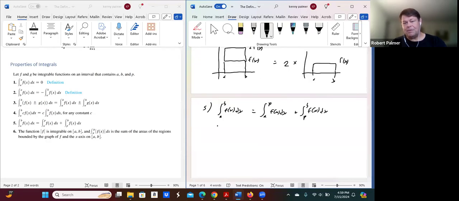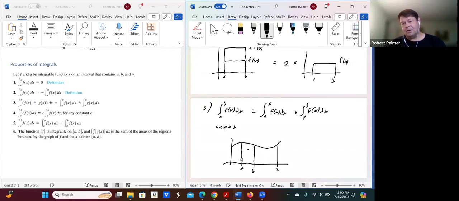Well, what you have then is p is in between a and b. And all this says, think about any function, if this makes sense. So here's a, here's b. Let's say p can be anywhere. Let's say it's right here, closer to a than it is to b, though it doesn't matter.